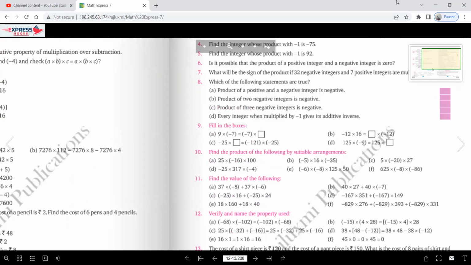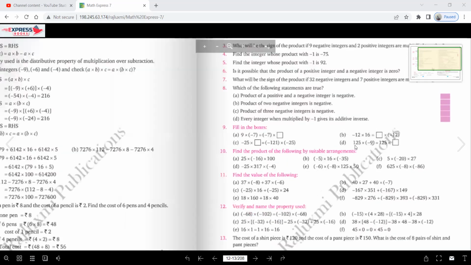My dear student, you can see that when 9 is multiplied with -7, it gives the same result as -7 multiplied into 9, according to the commutative property. -12 is multiplied by plus 16, you will get minus, and look at the left and right side. -12 is given, so we have multiplied 16 with this, so 16 will be filled in the box. Similarly, here -21 is missing, so we put -21, and in part D -9 is missing, so we put -9 here.